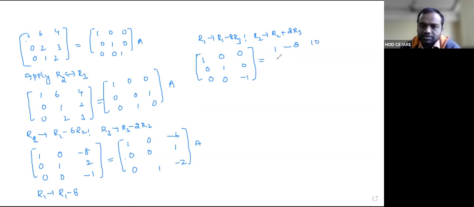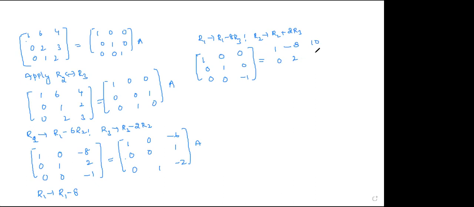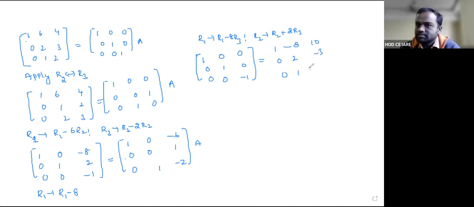Okay, and R2 you can change as R2 plus 2 R3. So 0, 2, and 1 plus 1 minus 4 is minus 3. Okay, next 0, 1, minus 2 into A.